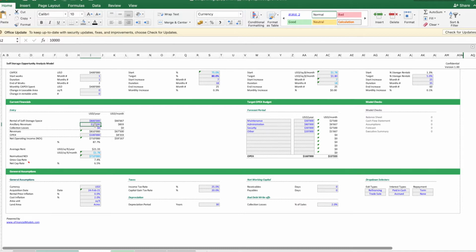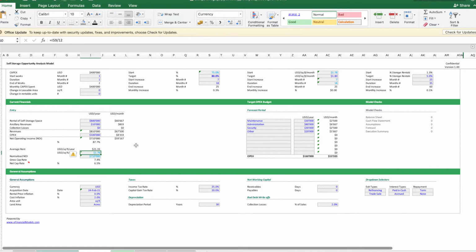And then we also need to know what the operating costs are to run this property for security, maintenance, etc. And this will give us two figures. It will give us the revenues and the net operating income currently achieved today with this property. What we then also can calculate is the average rent.